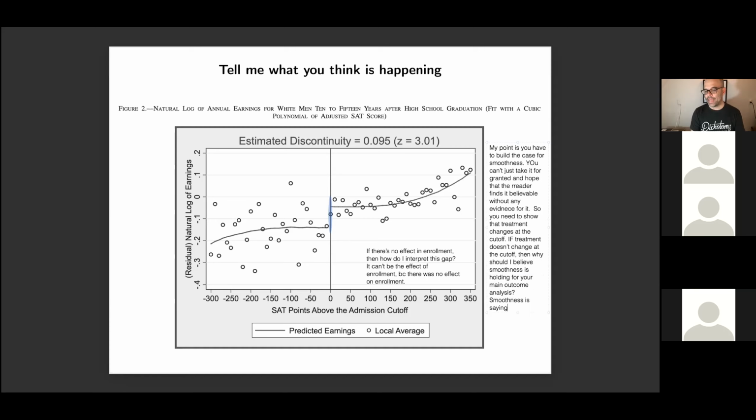Smoothness is saying that, absent the treatment, the potential outcomes would have evolved similarly.